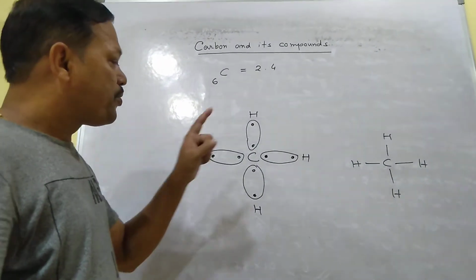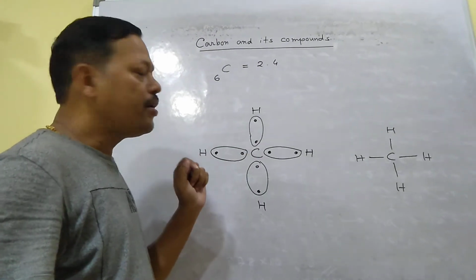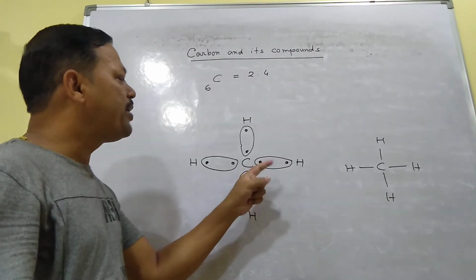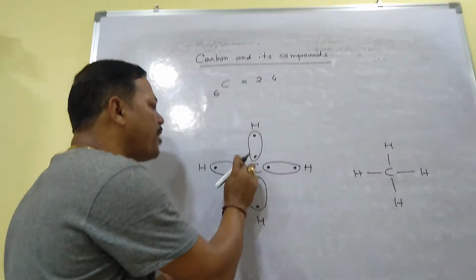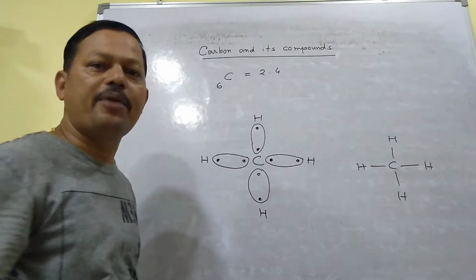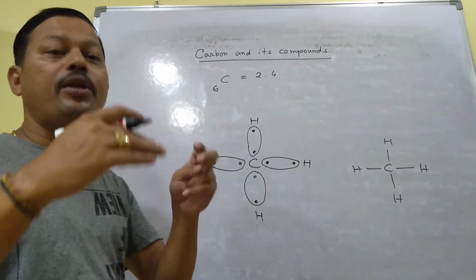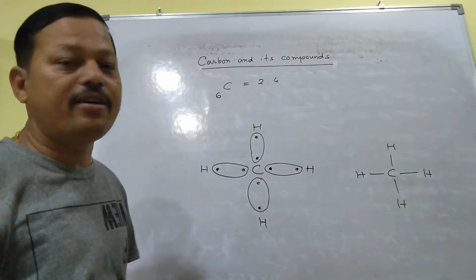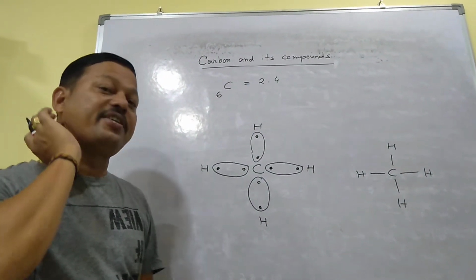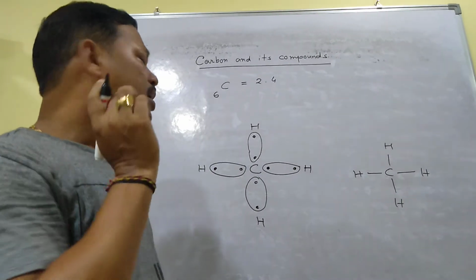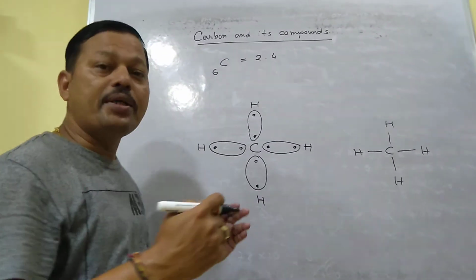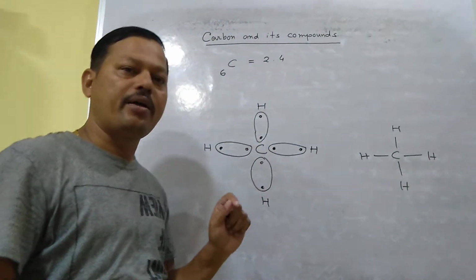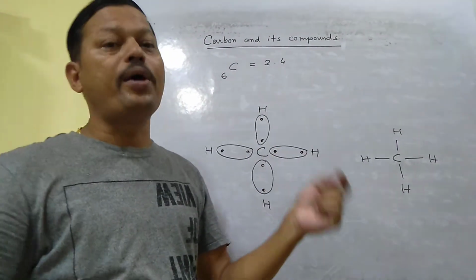In this way, the 4 electrons of carbon share with 4 electrons of other atoms to complete the octet. Now 1, 2, 3, 4, 5, 6, 7, 8 electrons are inside carbon, and in this way it will maintain its octet. I mean it will gain the stable electronic configuration. So carbon always shares electrons, and that is why carbon always produces covalent bonds.